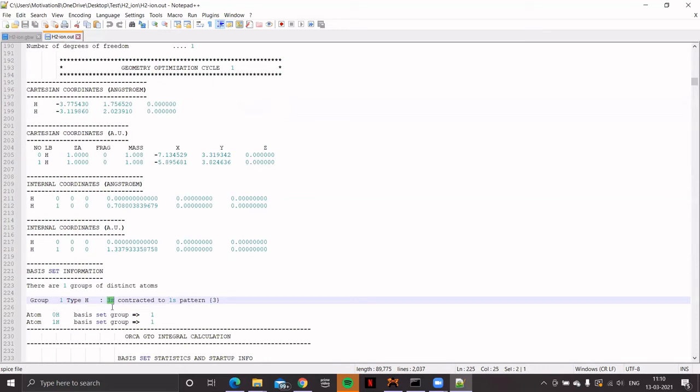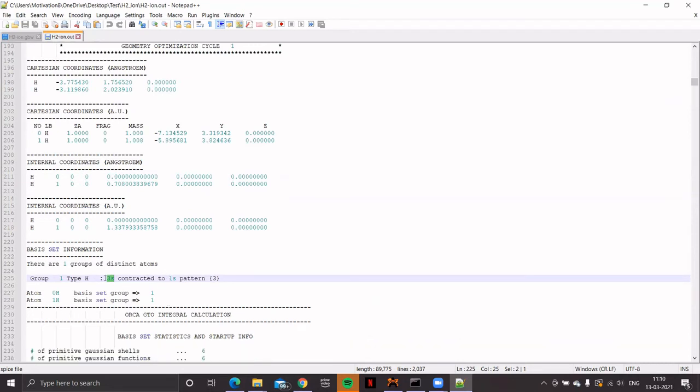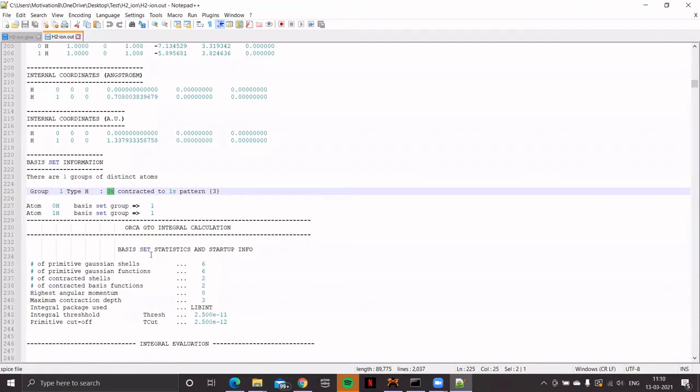That's why they have written 3 Gaussian type S contracted to 1s, that is Slater type S. Fine. So that's group 1. For both the hydrogens, they have used the same group number 1.